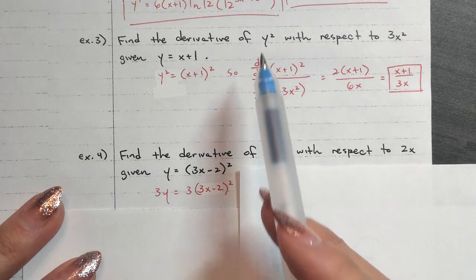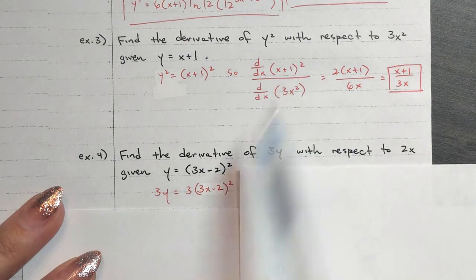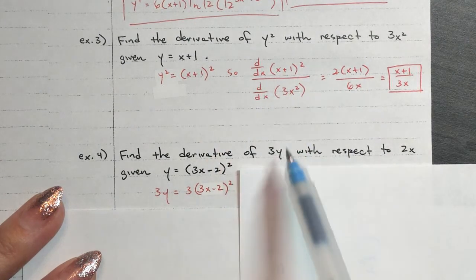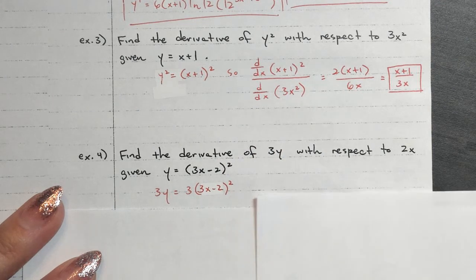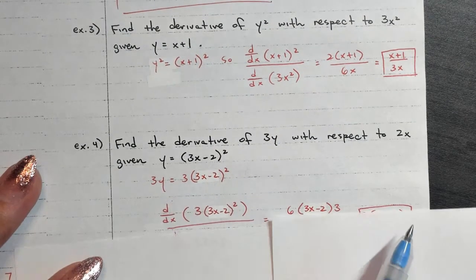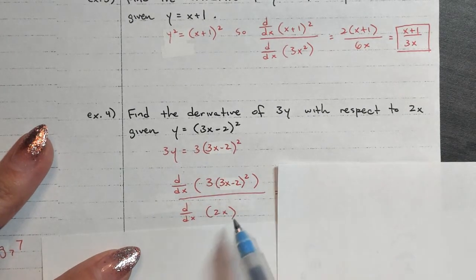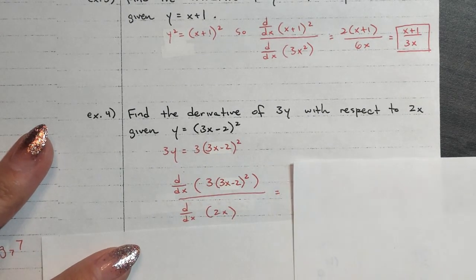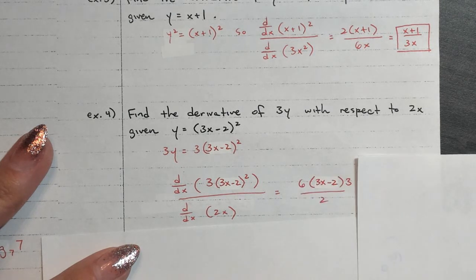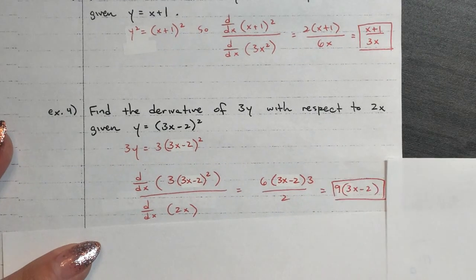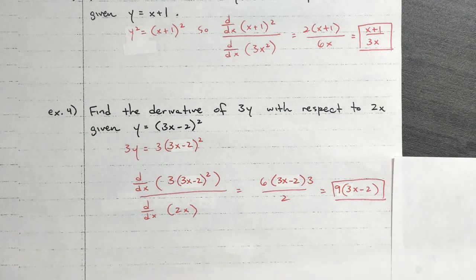The derivative of 3y, which is that, with respect to the derivative of 2x. So something like this, right? So the derivative of 3y with respect to 2x. And then find the derivative on top, find the derivative on the bottom, and then simplify, final answer, done.